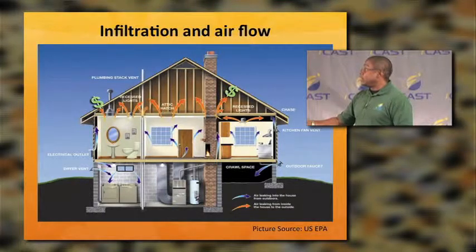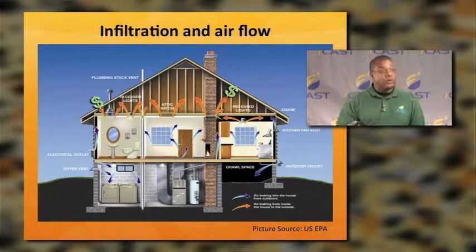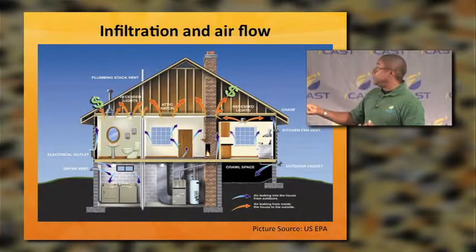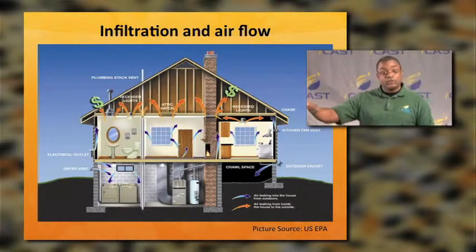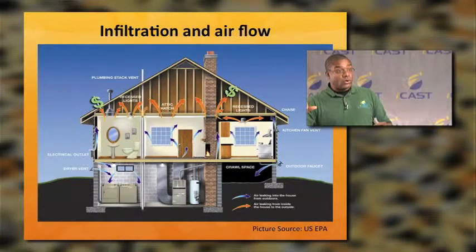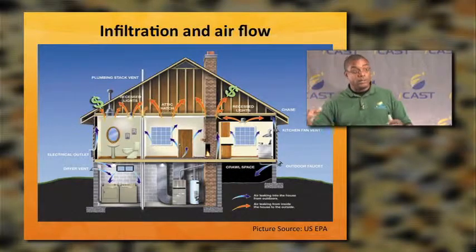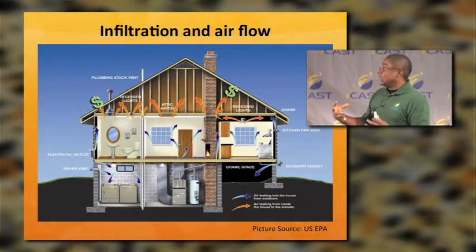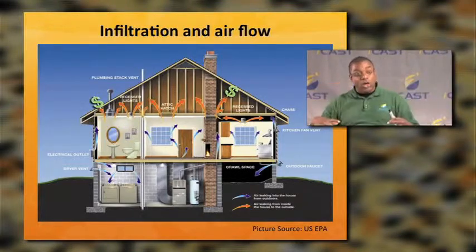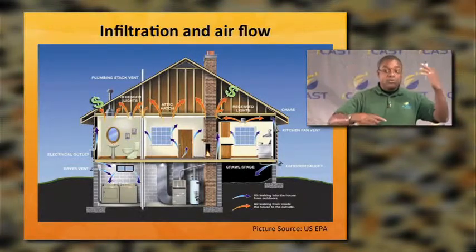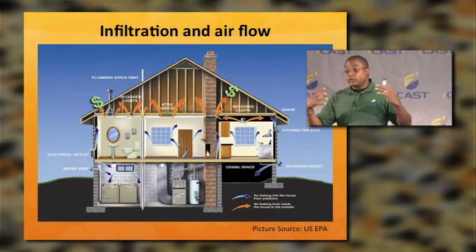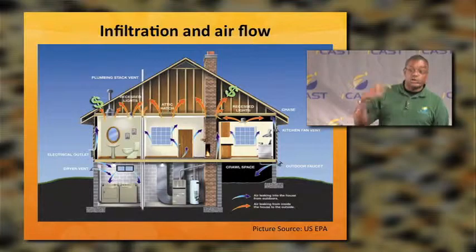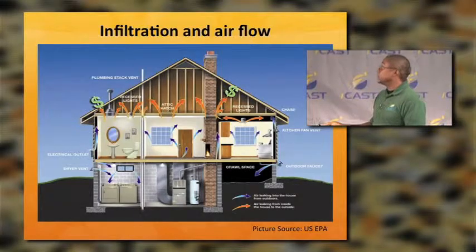If the dryer vents aren't sealed well, we have infiltration coming in there, as well as plumbing penetrations like hose bibs for outdoor water. Those are all places where we can see infiltration coming in. Even though we want some air movement in a building, we don't want too much, because then we end up wasting money, because we have to condition more air than is necessary.